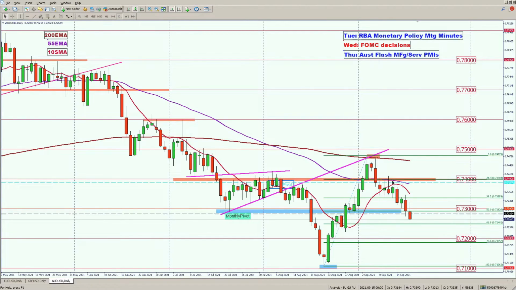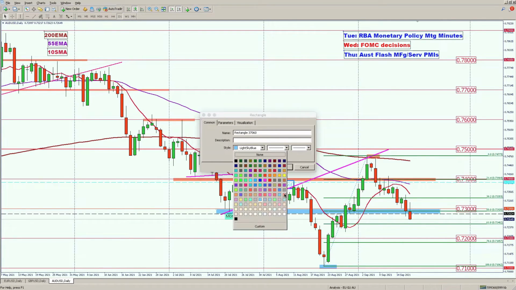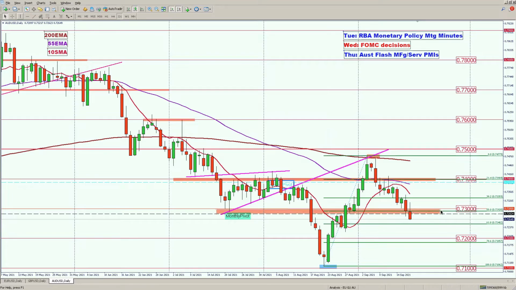It could not break above the daily 55 EMA, which is already sloping downwards. This was a critical support at the 50 Fib, which it broke as well, along with the monthly pivot. So this will now be a key resistance zone.